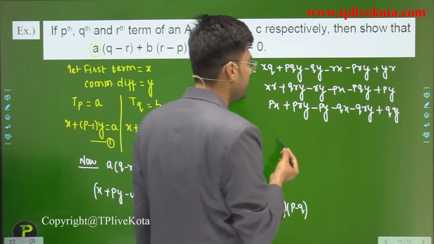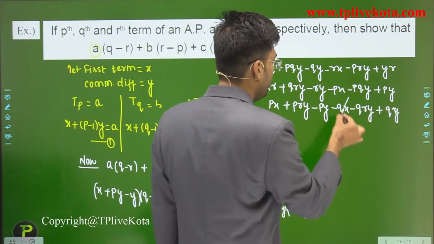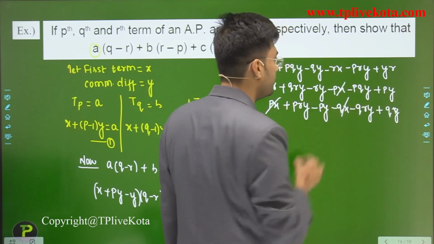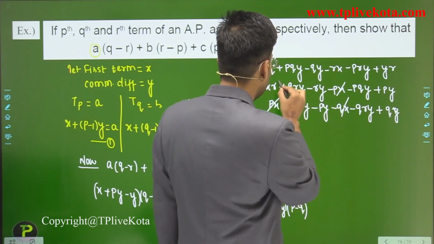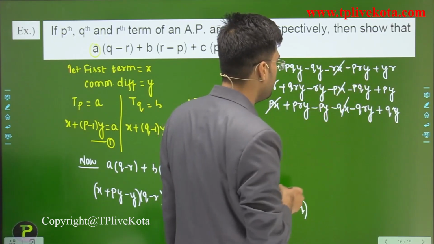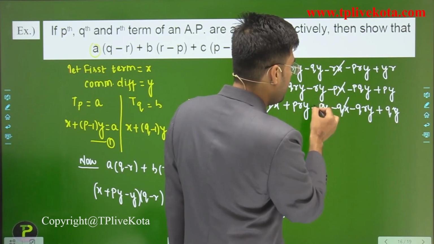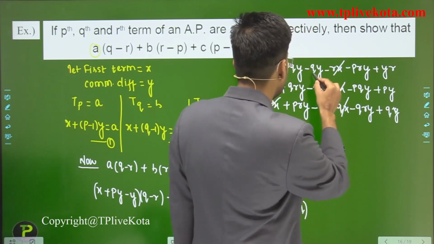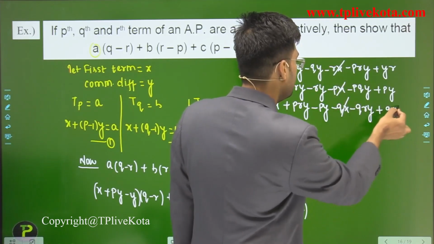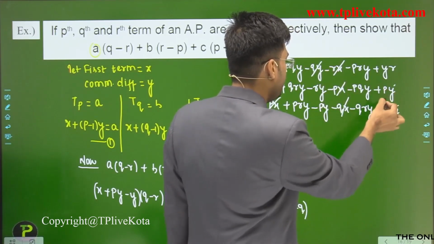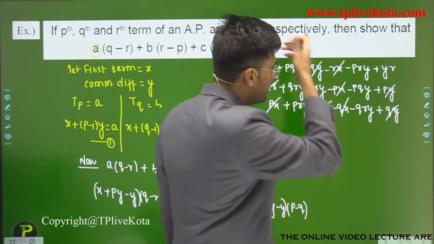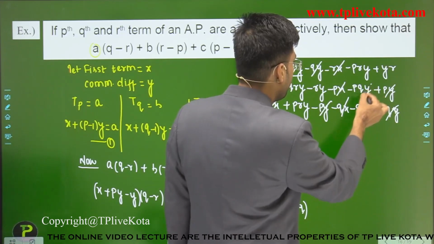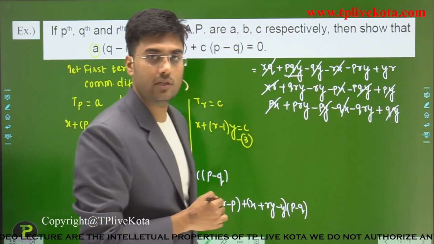Now let's solve this. This Qx and Qx are cancelled out, then this Px and Px are cancelled out, then this Rx and Rx are cancelled out. Let's find the Ry. This Qy and this Qy, this Py and Py are cancelled out. Now this is PQy and minus PQy, also cancelled out.